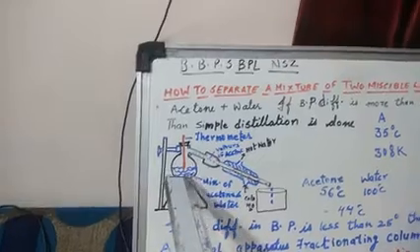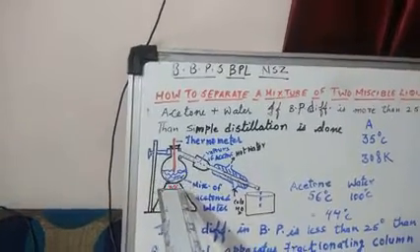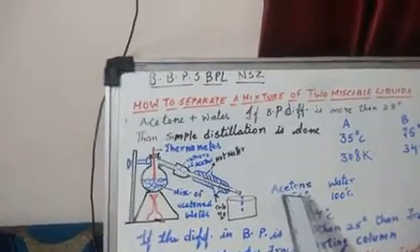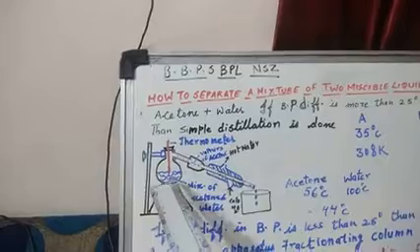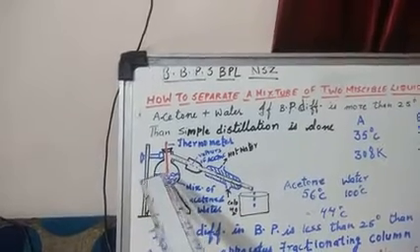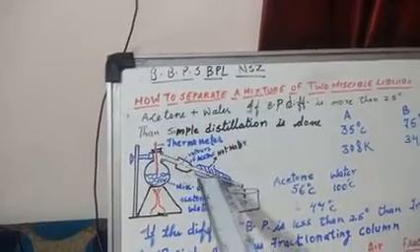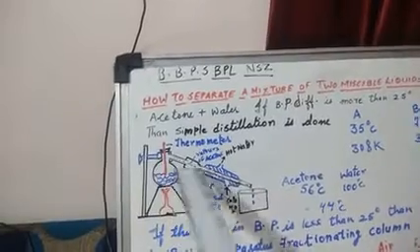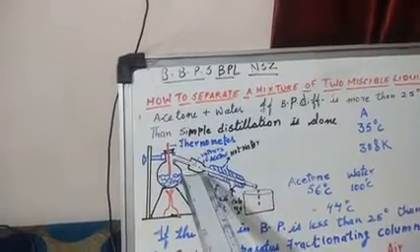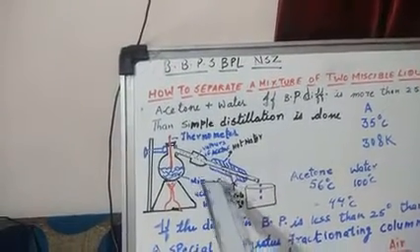So here, as the boiling point of acetone is reached, acetone starts vaporizing, and those vapors pass through this delivery tube. This is called the delivery tube, and over the delivery tube a water condenser is fitted.